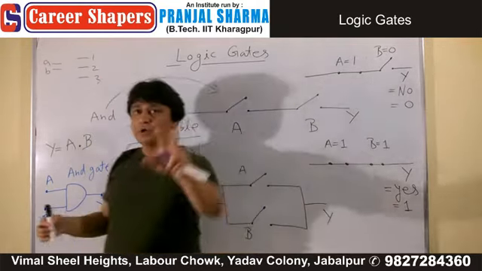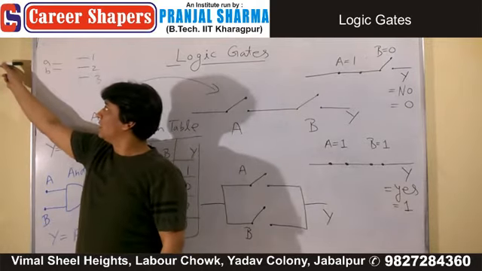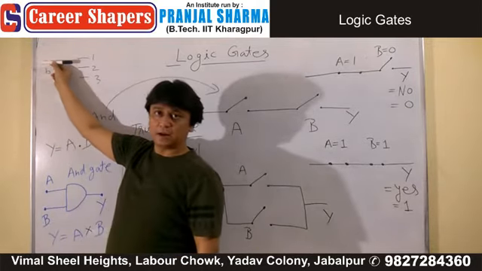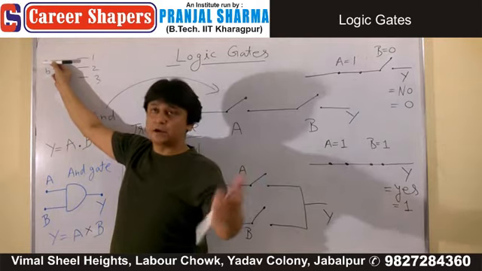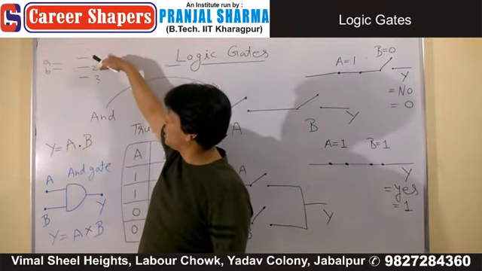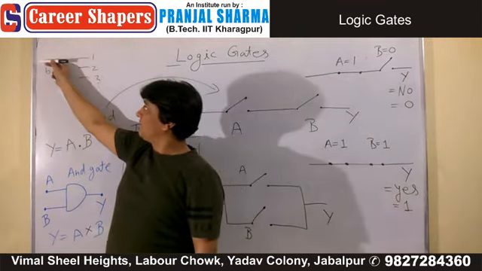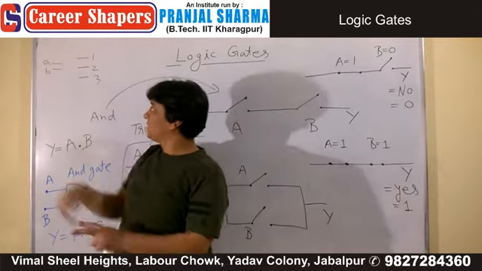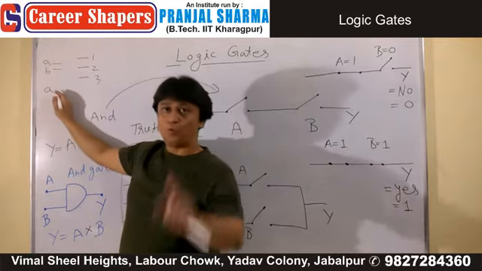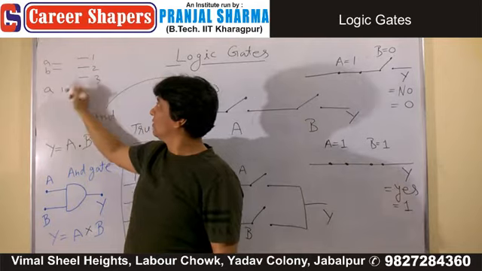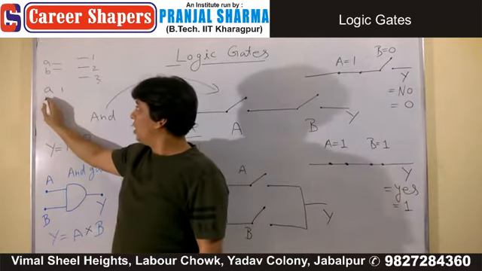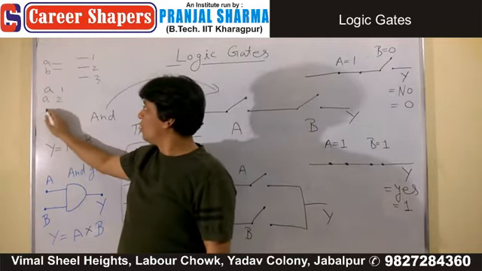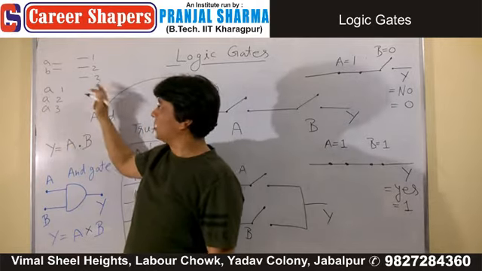Suppose you start your car from here, you choose path A, and then you have to choose from 1, 2, 3. After A, one can choose 1, or he can choose 2, or he can choose 3.